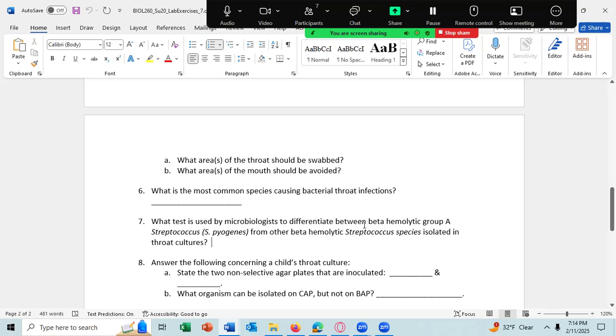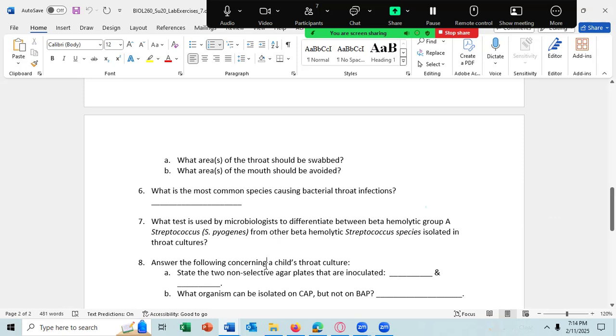So we already know it's beta hemolytic, and we also already know that it's a Streptococcus species. So we only need one test to then show which species it is.